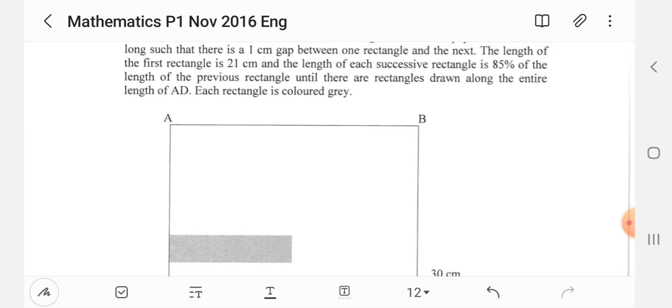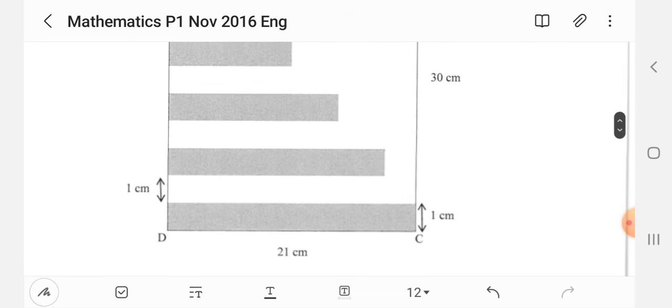The length of the first rectangle is 21 centimeters, and the length of each successive rectangle is 85% of the length of the previous rectangle, until rectangles are drawn along the entire length of AD, each rectangle colored gray.